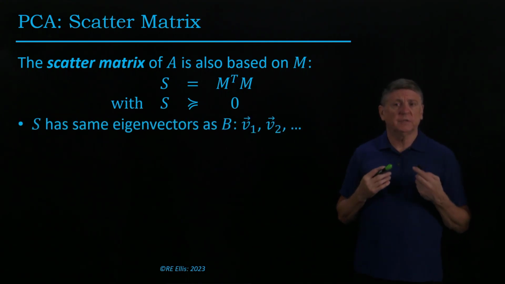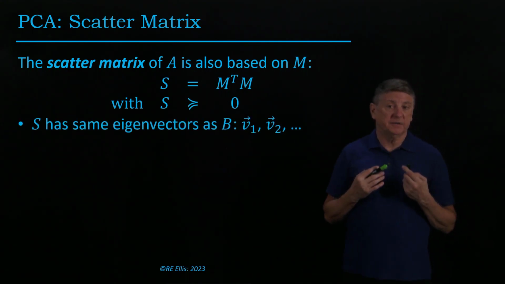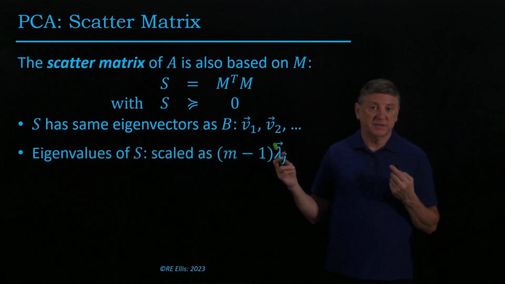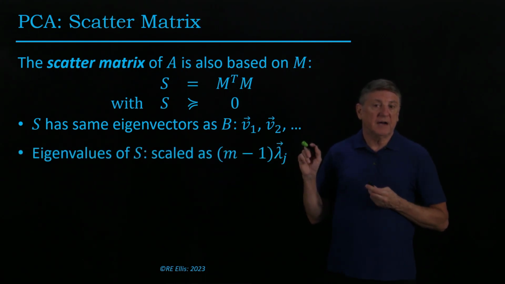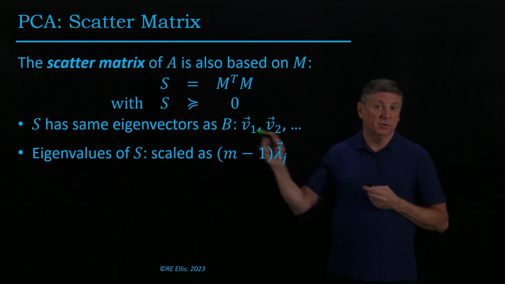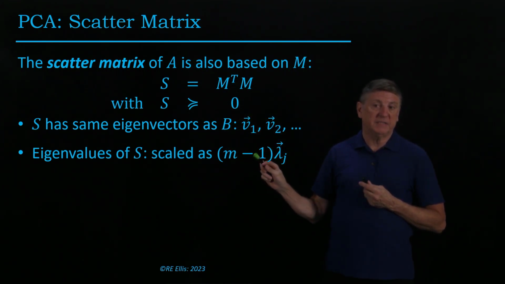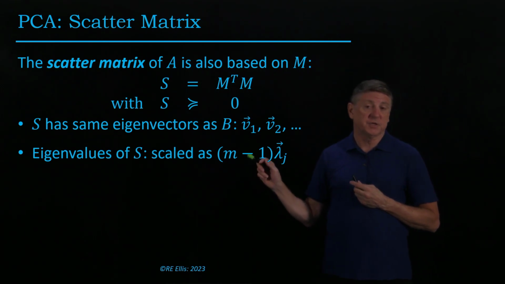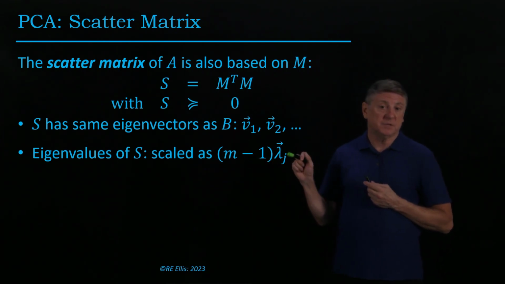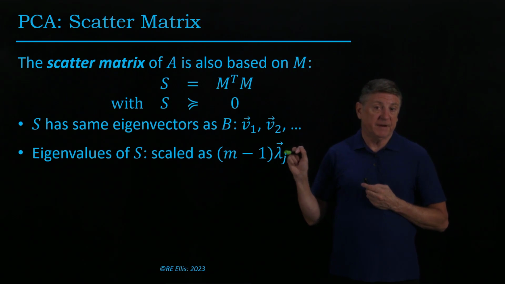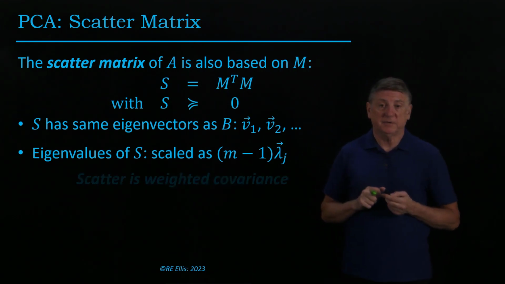It will turn out that it has the same eigenvectors as the covariance matrix, but the eigenvalues have now been scaled. So B was the scatter matrix divided by m minus 1, and that means that the eigenvalues of the scatter matrix are m minus 1 times the latent variables of the covariance matrix.